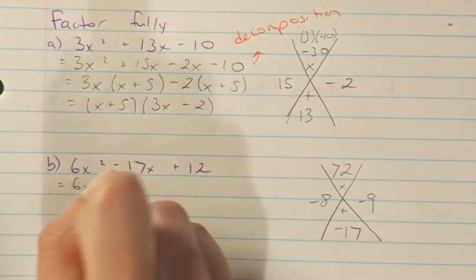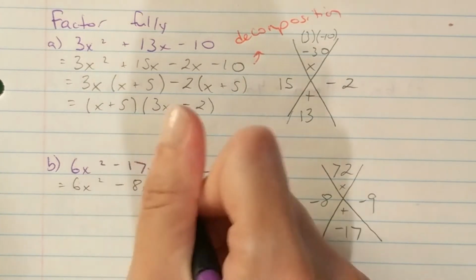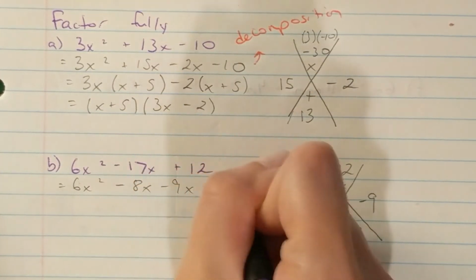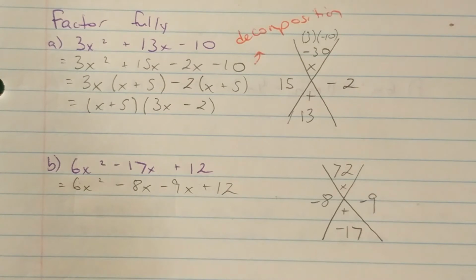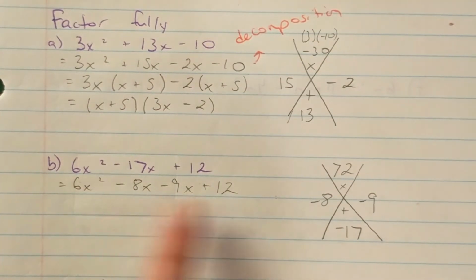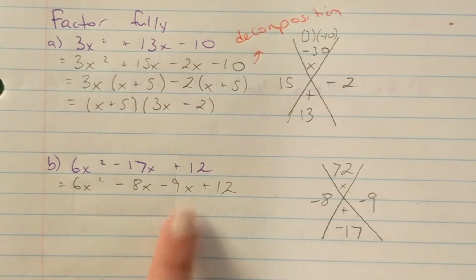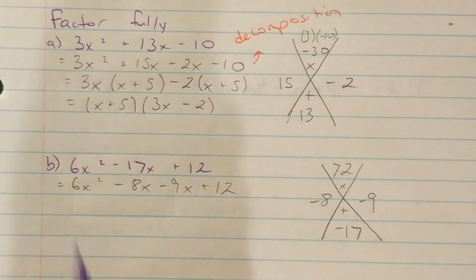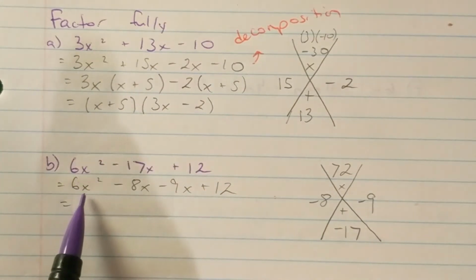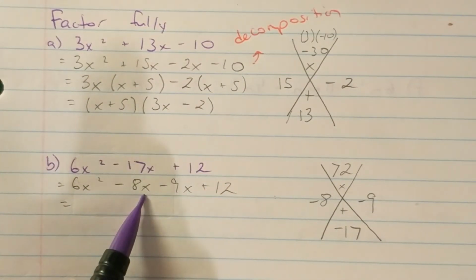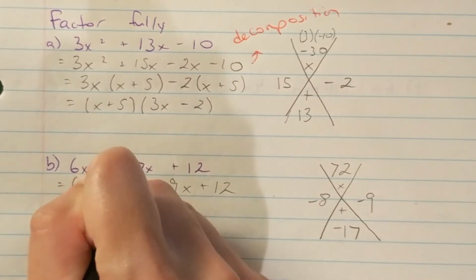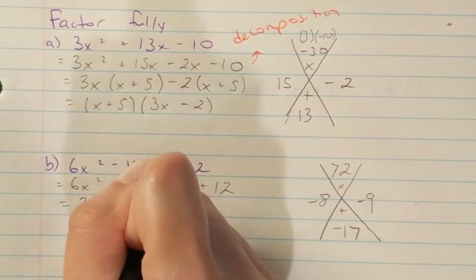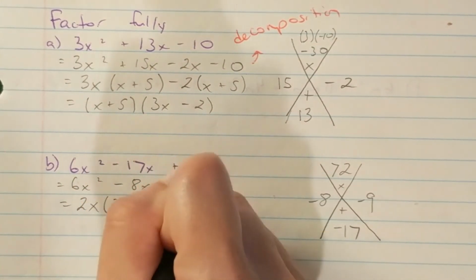6x squared minus 8x minus 9x plus 12. If I had put the 9x in front and the 8x behind, it would have been pretty easy to see what we could factor out, but that's okay. You're going to end up with the right answer. From my first two terms, I can factor out a 2x, leaving me with 3x minus 4.